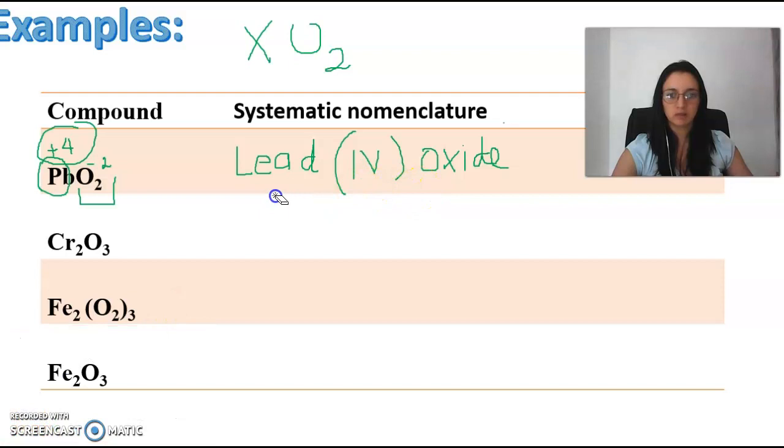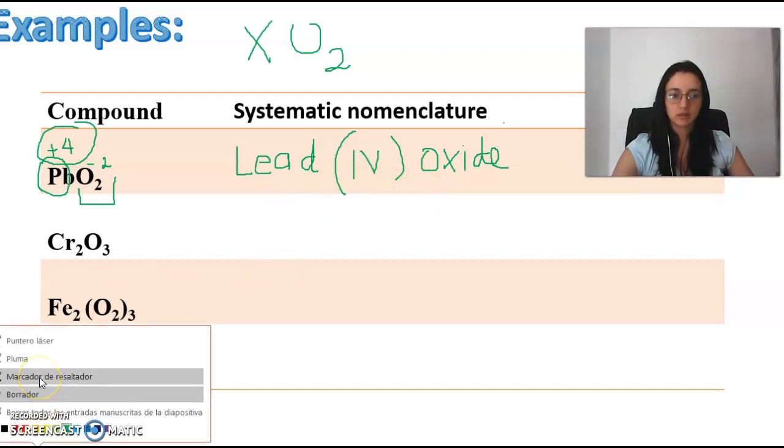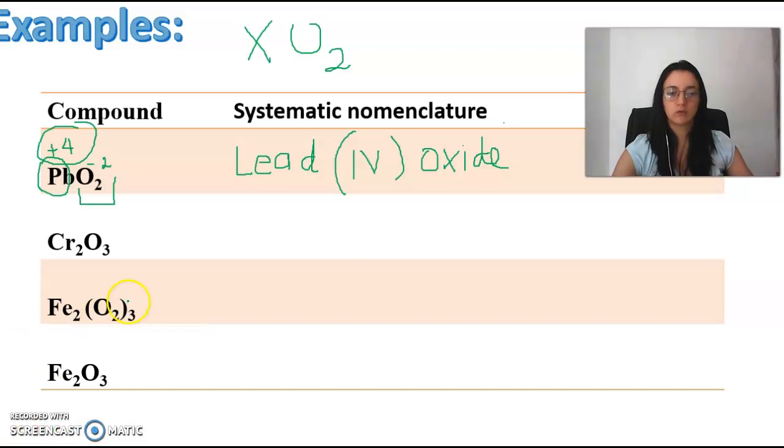So that's what is different and that's what is going to help me to identify the oxidation state and what type of compound that one is. In this one, an easy way to identify if it's an oxide or a peroxide: it has a 3. So if the subscript is different to 2, straight away, that's going to be an oxide. So again, I look for the name of the first element, which is chromium. I hope the spelling is right.